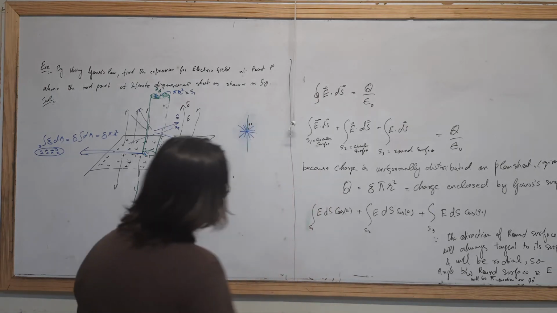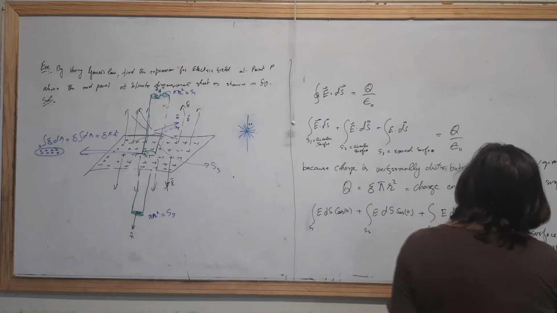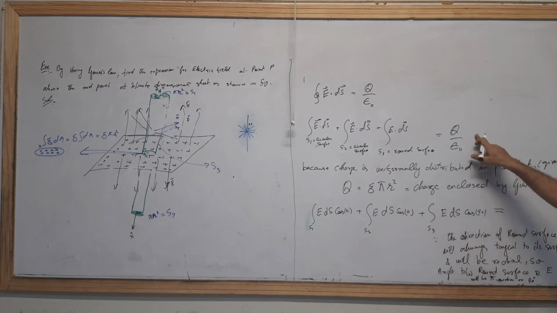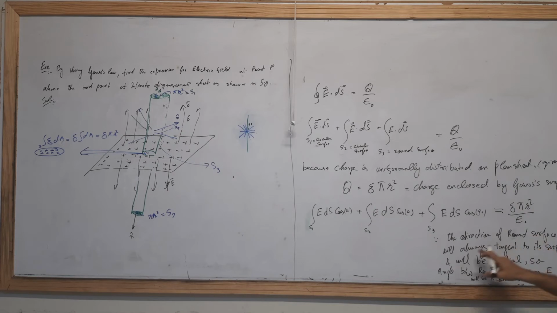So that's why this is 90, and on the right hand side, I have already explained, the Q is sigma pi r square over epsilon naught. The direction of the round surface will always be tangent to its surface and will be radial.